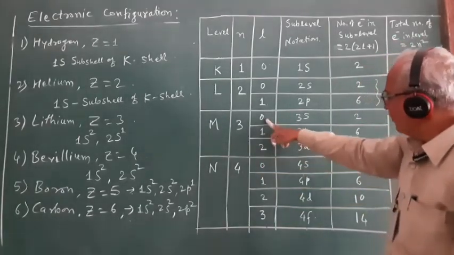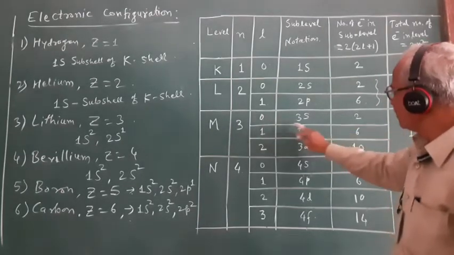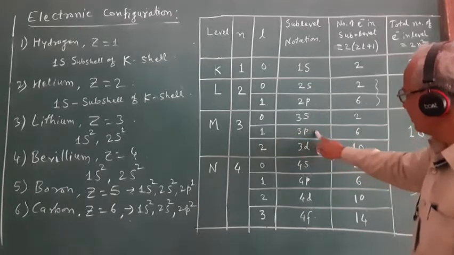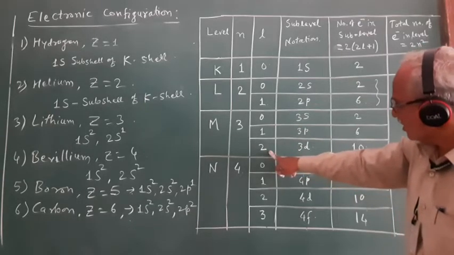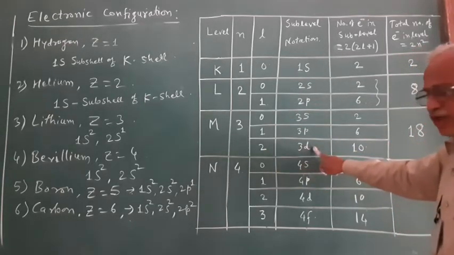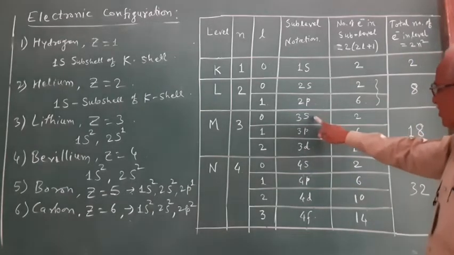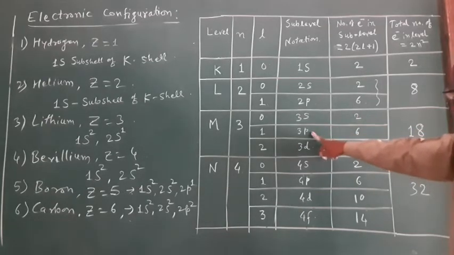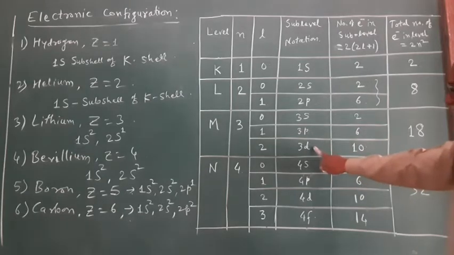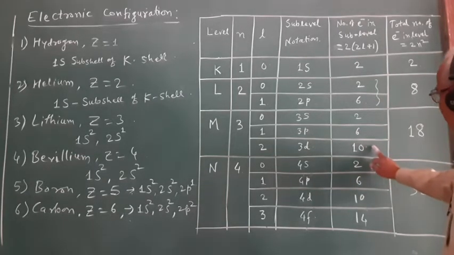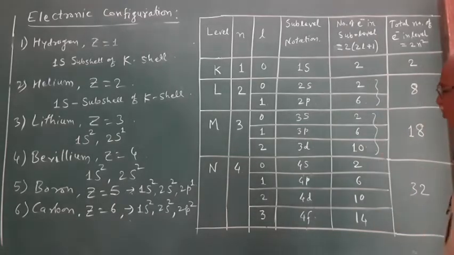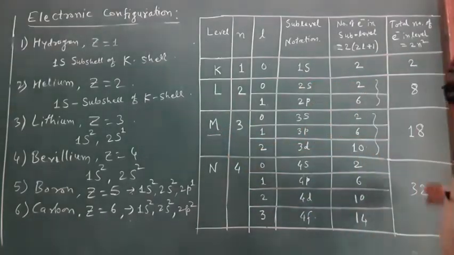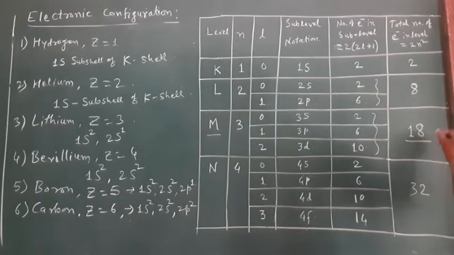The sub-level corresponding to l equal to 0 is denoted by 3s, the sub-level corresponding to l equal to 1 is represented by 3p, and the sub-level corresponding to l equal to 2 is denoted by 3d. The 3s sub-level can accommodate a maximum of 2 electrons, the 3p level a maximum of 6 electrons, and the 3d level a maximum of 10 electrons, such that the total number of electrons that can be accommodated in the M shell or the third orbit is equal to 18.